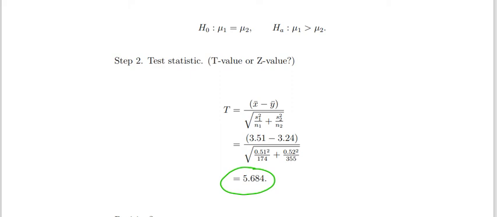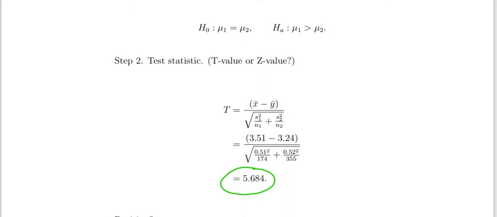Then we just determine whether this is big or small. We need to check the T table or Z table. Because the sample size is quite big, Z table or T table doesn't matter. And this number, 5 point something, is big. For standard normal, we believe above 3 is big, and for T it's quite the same.